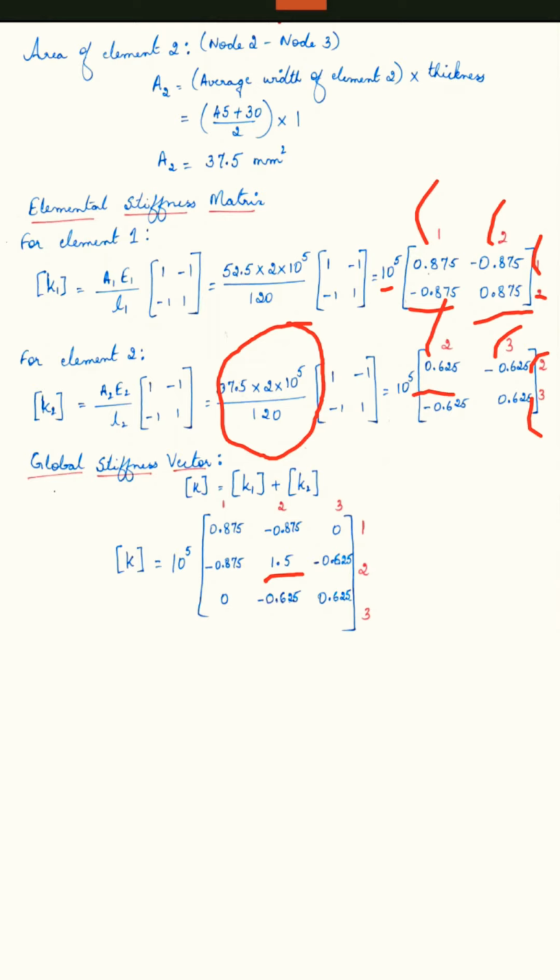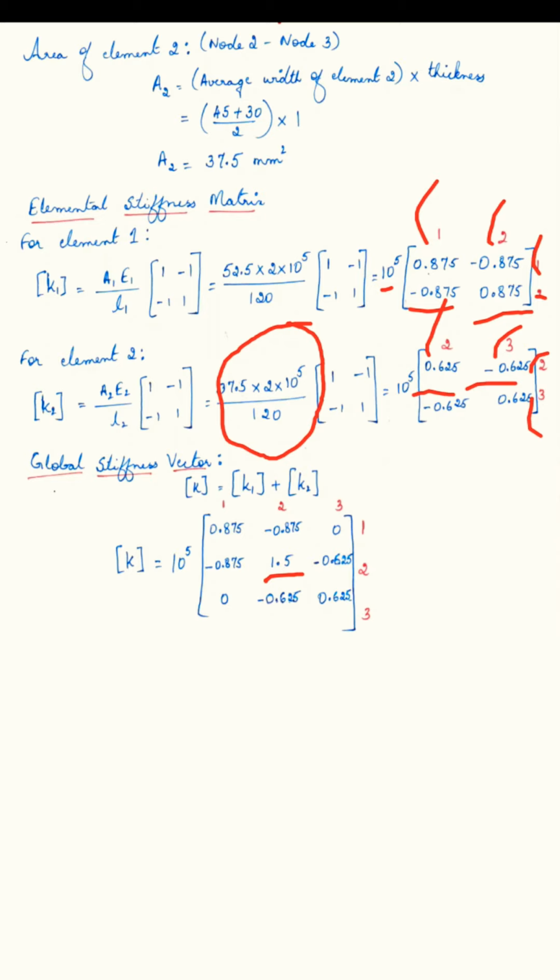Minus 0.625 is the element in third column second row, which is obtained from the elemental matrix of second element. Further, in the first column third row there are no elements, hence it is taken to be 0. And second column third row it is minus 0.625, and third column third row it is 0.625. So we have the global stiffness matrix now.